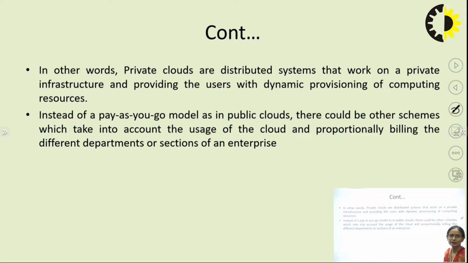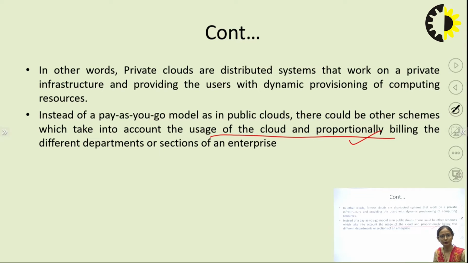So in other words, private clouds are distributed systems that work on a private infrastructure and provide users with dynamic provisioning of computing resources instead of a pay-as-you-go model. As in the case of the public cloud, there could be other schemes which take into account the usage of the cloud and proportionally bill the different departments or sections of an enterprise. Now this is another particular concept which comes with the private cloud, which is not available in the public cloud.